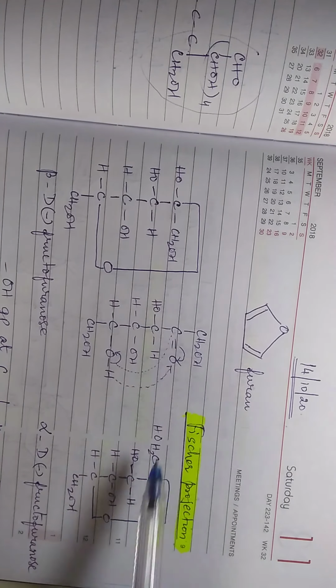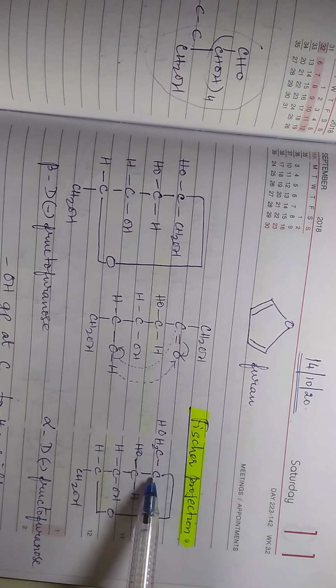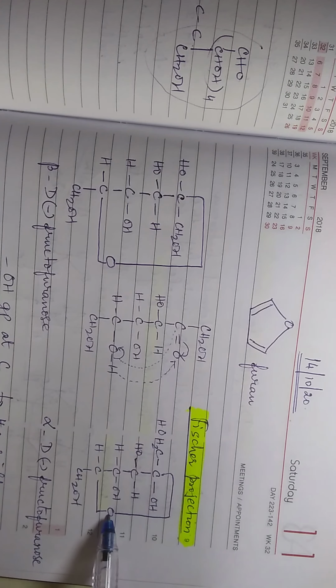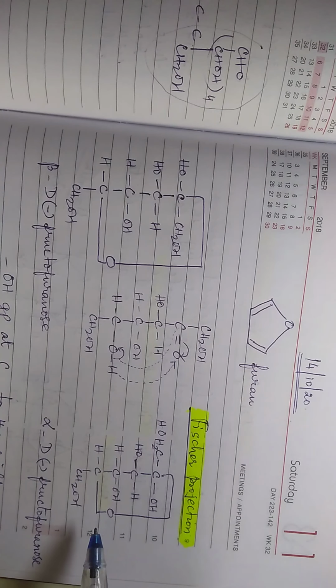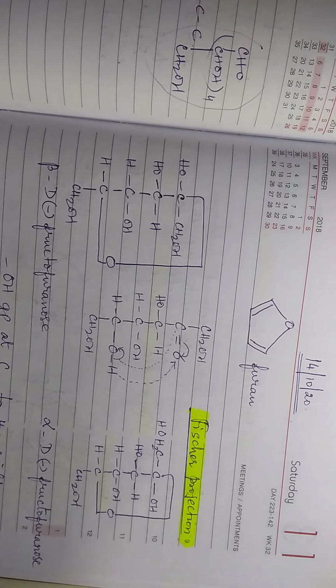Now this CH2OH, I have put it this side, right? So there is a link between the second carbon and the fifth carbon through oxygen, an oxide linkage. Now this is the cyclic structure of fructose.